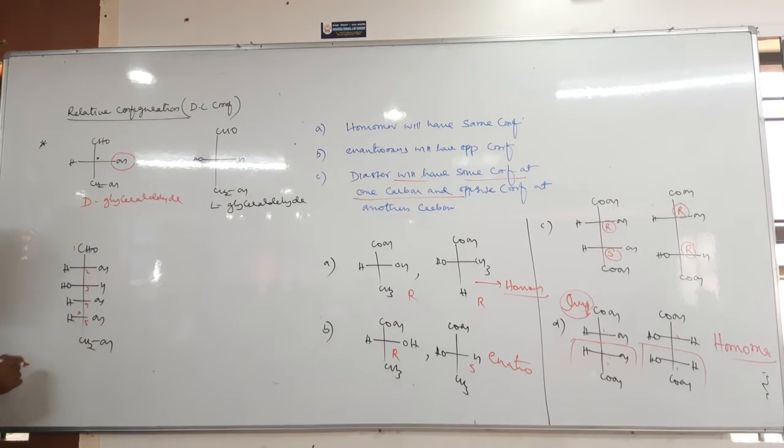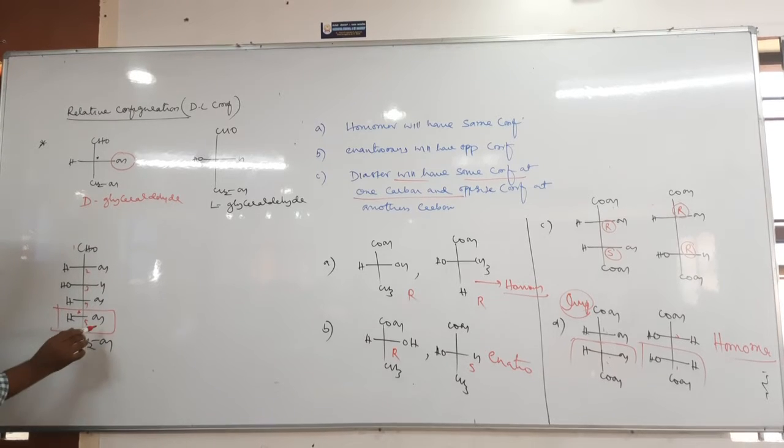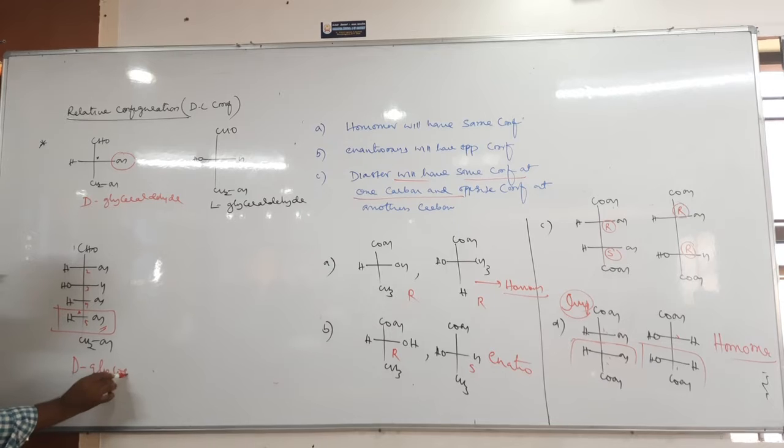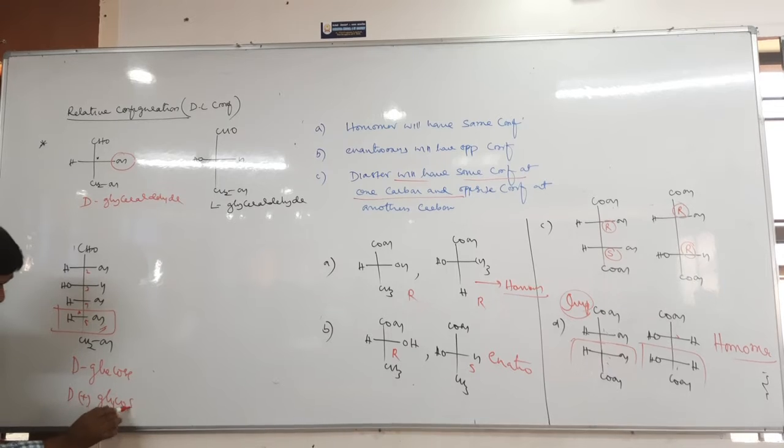Highest means the last asymmetric carbon. OH is on the right side, therefore this is called D-glucose. D doesn't indicate dextro. Of course glucose is dextrorotatory, but it is written D(+)-glucose. This D indicates configuration, and the plus indicates rotation, that is dextrorotatory. Okay, so we have studied this. One or two examples are enough.